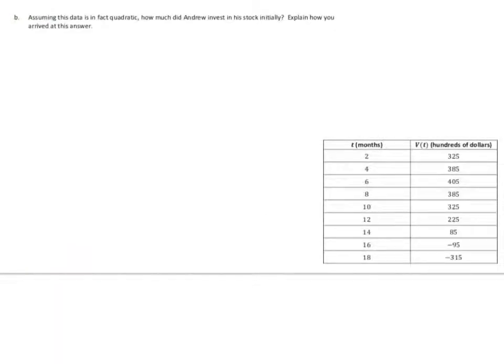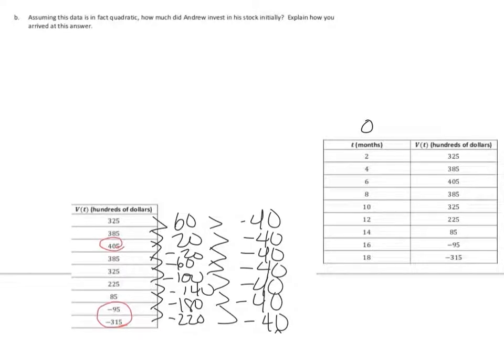Okay? Assuming this data is in fact quadratic, how much did Andrew invest in his stock initially? So we're looking for time equals 0. I'm going to look at the second differences that I calculated on the last sheet and see if I can find another pattern. So if I look right here, I want when month equals 0. So if I go this way, I'm going to add 40. And then if I go this way, I'm going to get 225.